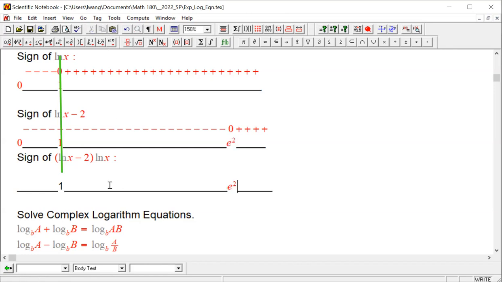Right here. So this is 1. So how is the sign distributed? Between 0 to 1, ln x times ln x minus 2, that's negative times negative. That's going to be positive.